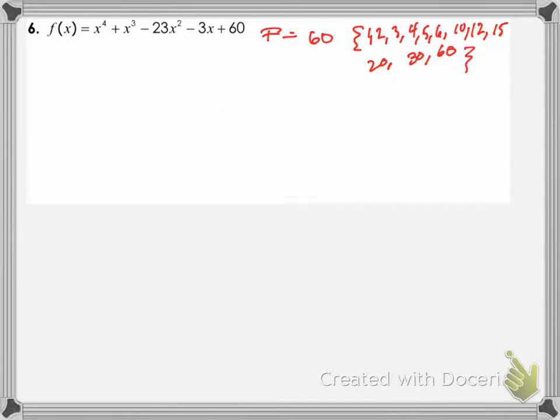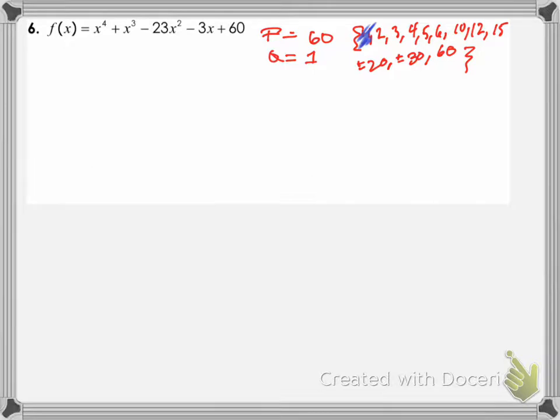And then luckily Q is 1. So it would be all plus or minus of these, plus or minus each one. So I'm not going to write those, but we can try plus or minus. I already did 1, so I tried 1 and it didn't work.